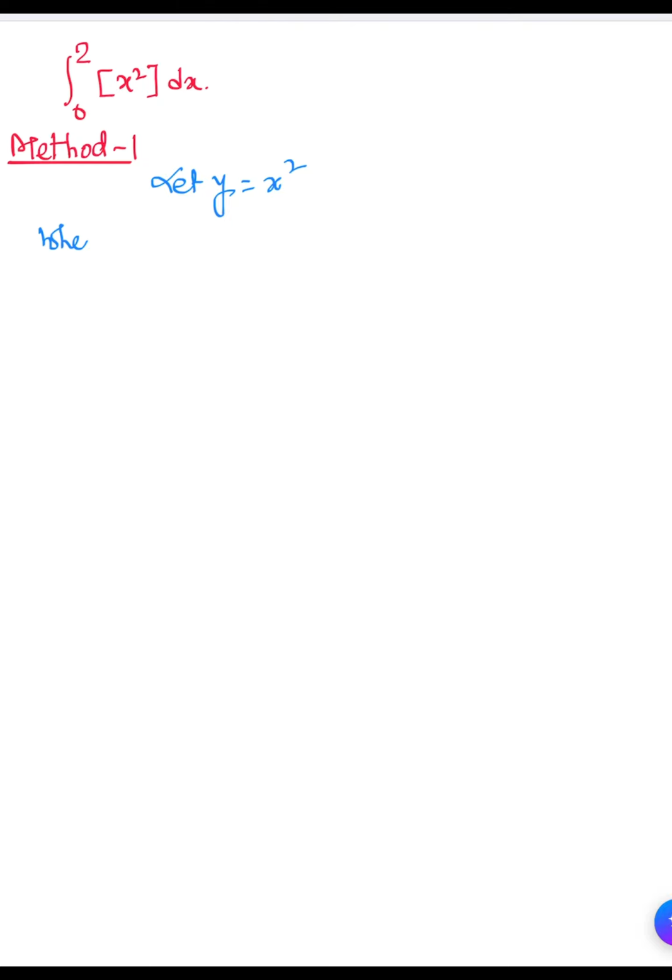So when x equals 0, y equals 0, and when x equals 2, y equals 4. That is, when x varies from 0 to 2, x square varies from 0 to 4. Let us make a table.